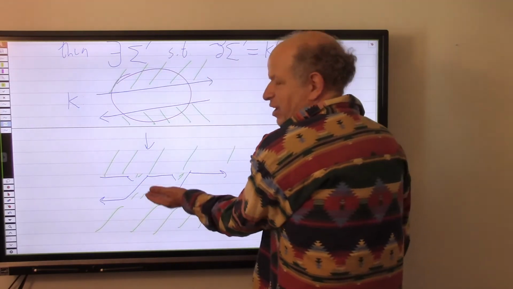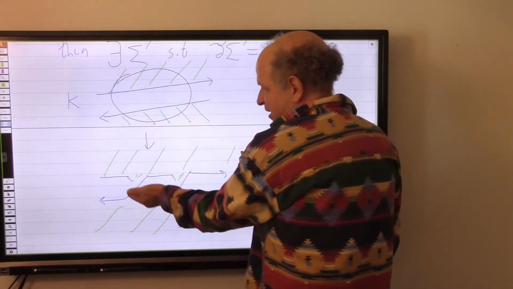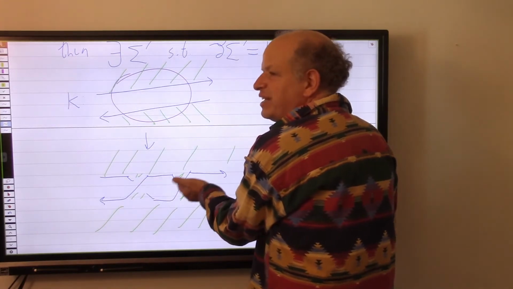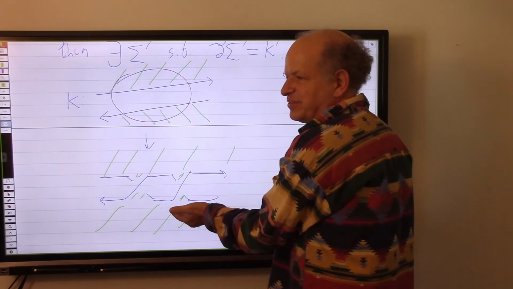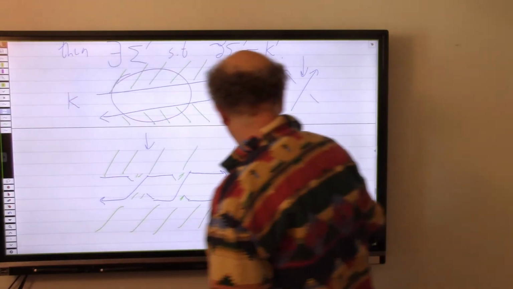And now I got a surface, and its boundary is the thing you would see if you flip the crossing. So I believe this proves the theorem.